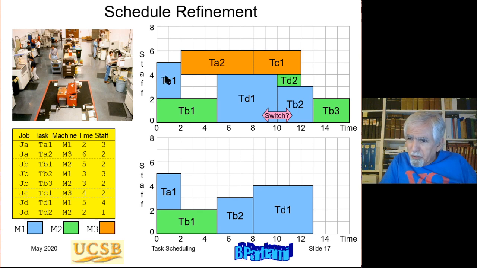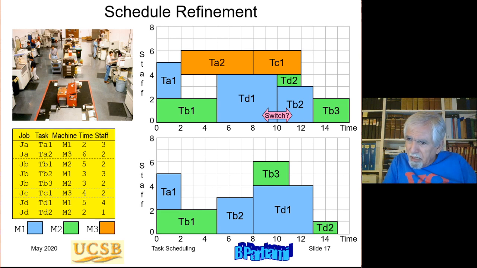Oh, remember that the constraint that TB1, TB2, TB3 must occur in that sequence in time. Task 1 of job B, task 2 of job B, task 3 must appear in that order in time. You can't switch them around. So TB1, TB2, TD2.